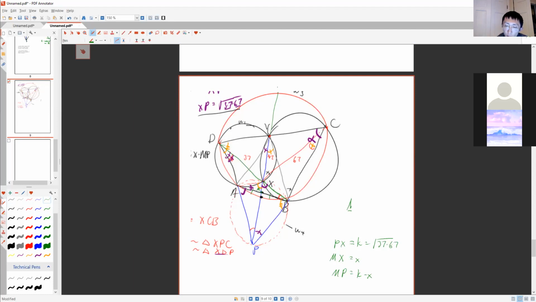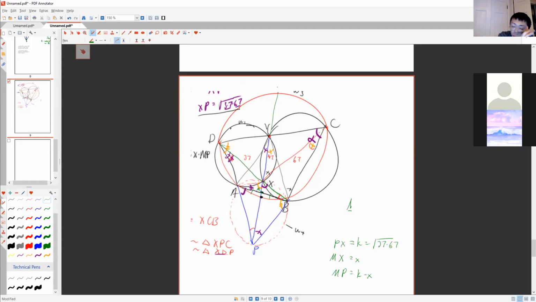There should be something nice with the similar triangles. Let's see. So what have we not used yet? Have we used the fact that CD and Y are collinear? Maybe we should use that.